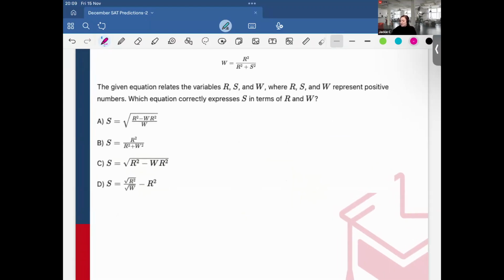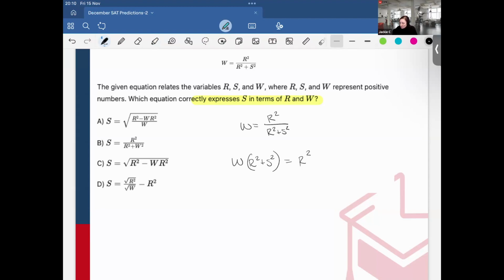So this one, W is equal to R squared over R squared plus S squared. Which equation represents S in terms of R and W? So now I want everything in terms of S. First I could move R squared plus S squared over here.